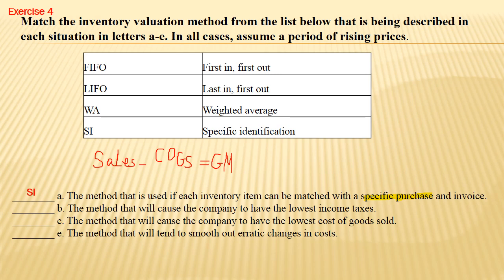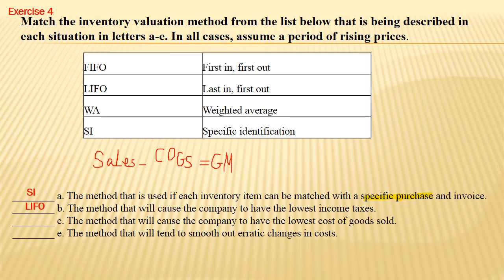So we are going to have the highest cost of goods sold, leading automatically to the lowest net income, since both are inversely proportional to each other. Having the lowest net income indicates that we are going to have the lowest income taxes, since the taxes are calculated as a percentage of the net income. So here it's going to be LIFO, last in, first out, the method that will cause the company to have the lowest income taxes.